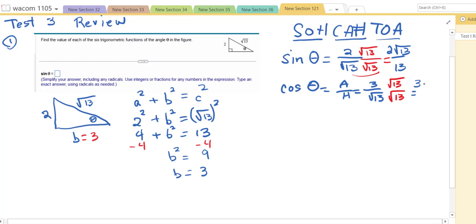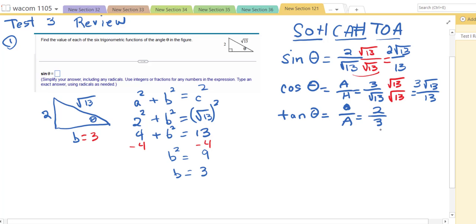So you have 3 square root of 13 over 13. Next, tangent of theta is opposite over adjacent from your triangle. Here's your theta. Opposite is 2, adjacent is 3, and that one you don't have to do anything with.